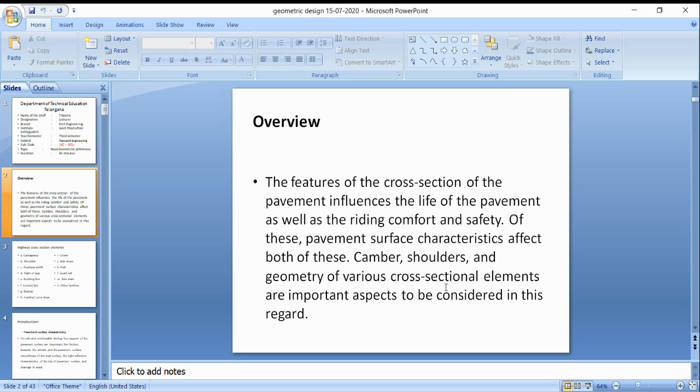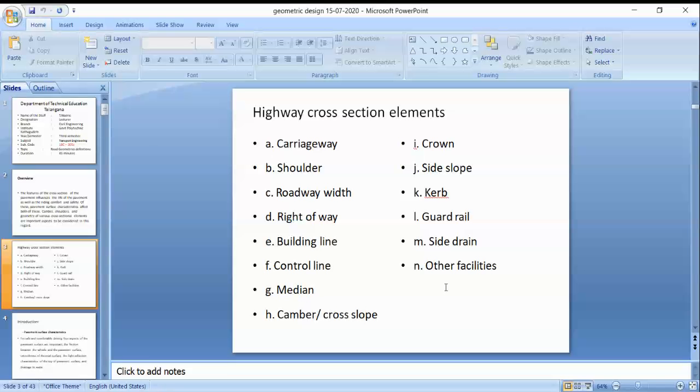The main purpose of the road is to provide comfort and safety for riding. So, what are the characteristics of the pavement surface? They are camber, shoulders, and the geometry of various cross-sectional elements, which we are going to see here: carriageway, shoulders, roadway width, right of way, building line, control line, and median. The median is between two roads.